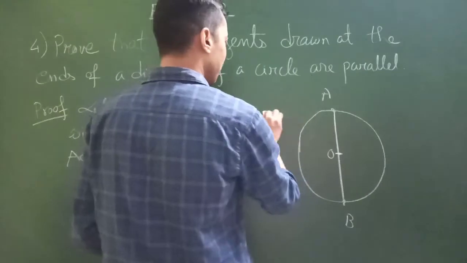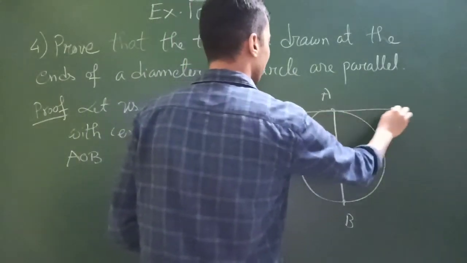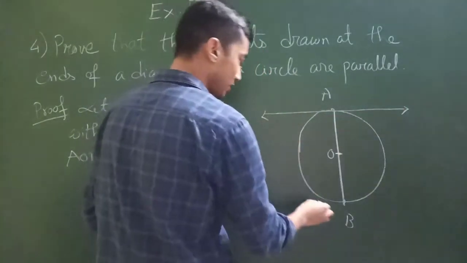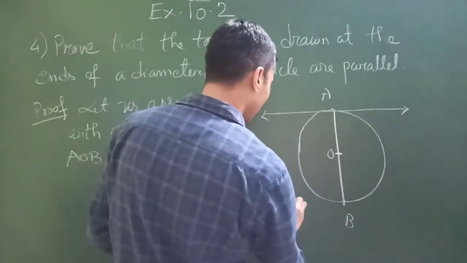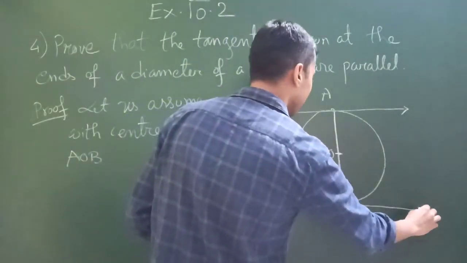So these are the endpoints of the diameter. Of course, we have proved this through our activity. Now let's see how we prove this mathematically.